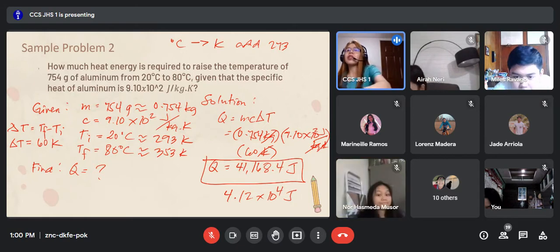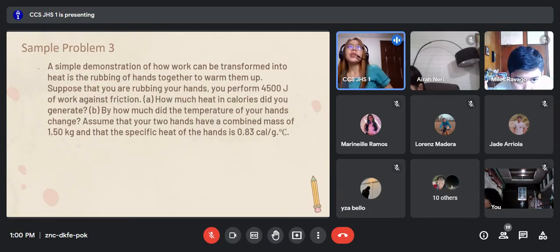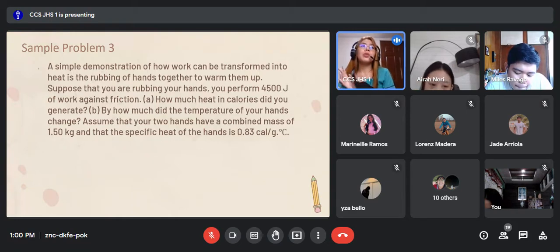Okay, let's proceed to sample problem number 3. A simple demonstration of how work can be transformed into heat is the rubbing of hands together to warm them up. Suppose that you are rubbing your hands and you perform 4,500 joules of work against friction. A, how much heat in calories did you generate? For letter A, you will solve for heat in calories, not in joules.